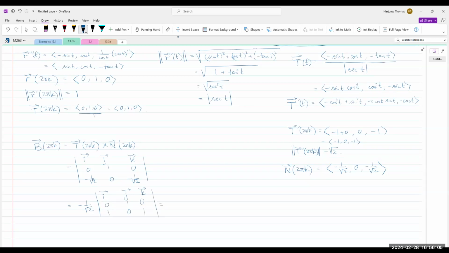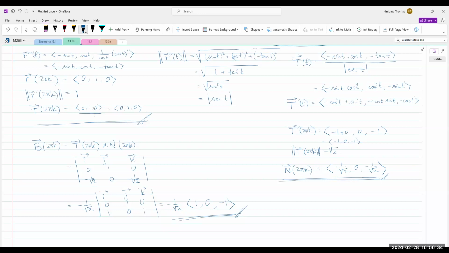Now then, this will give us negative 1 over radical 2 times 1, 0, negative 1. So what happened is this is the unit tangent vector, this is the unit normal vector, and this is the unit binormal vector.